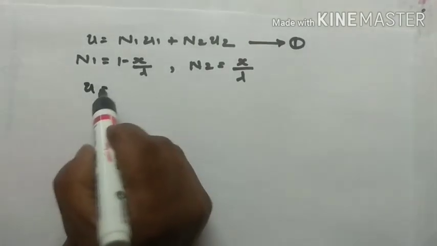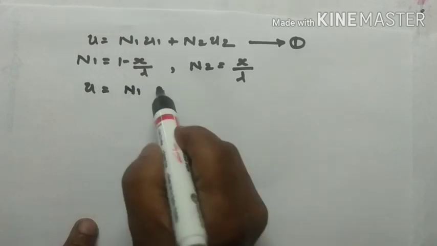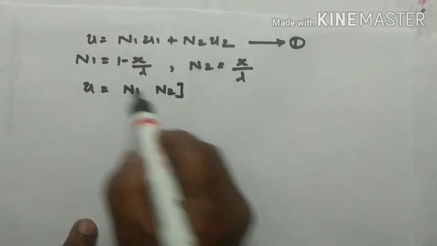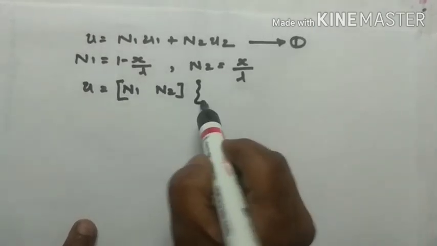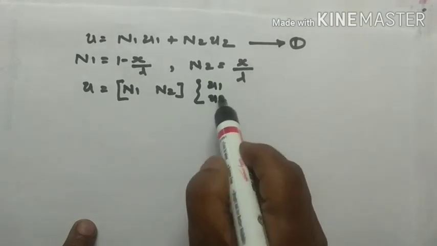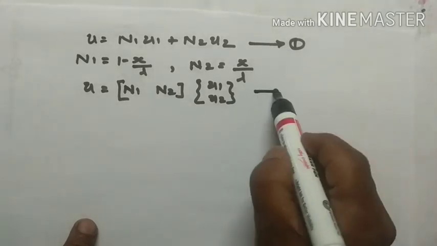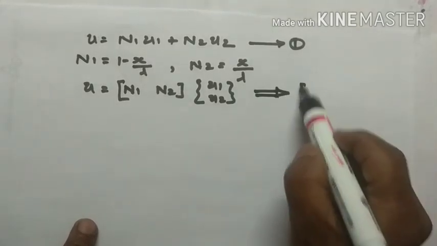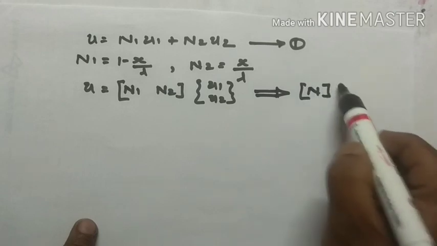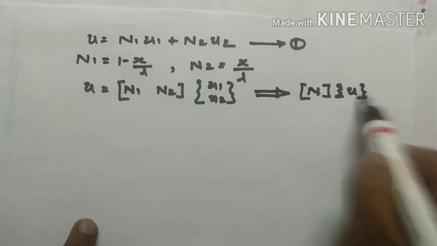Then u is equal to [N1 N2] into [u1 u2]. So generally I can represent this as N into U.